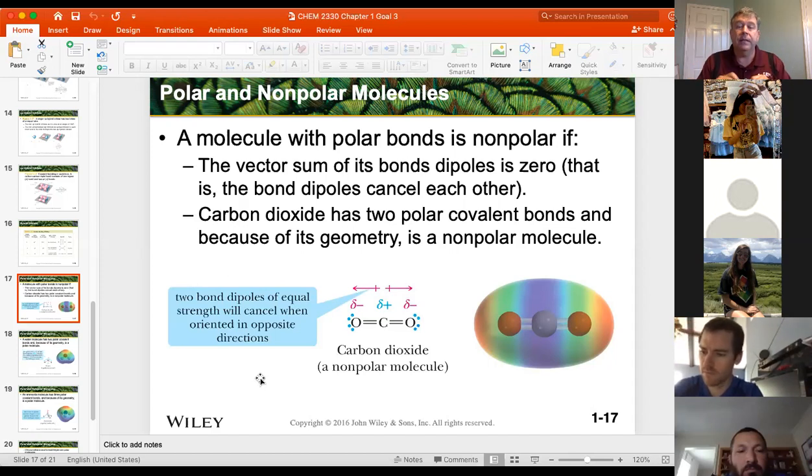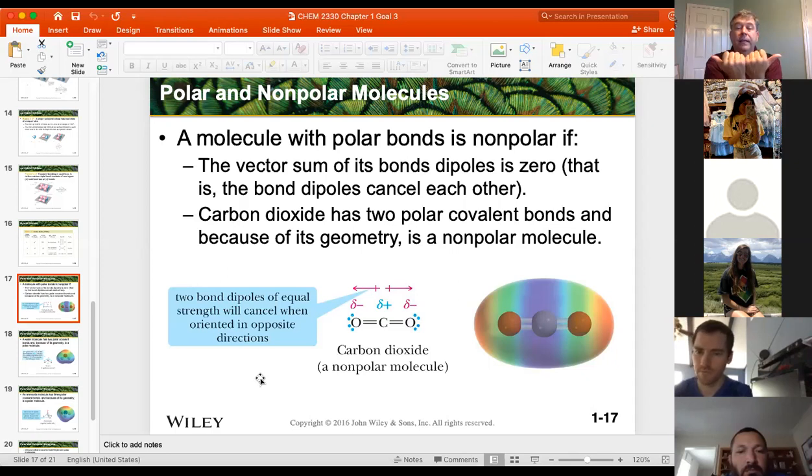So for example, in CO2, oxygen is more electronegative than carbon, therefore it is going to pull from the carbon to the oxygen, giving us this polarized bond, okay? But in the case of carbon dioxide, we have equal and opposite things pulling on it, meaning that it becomes a non-polar molecule. sp hybridized tells us it's a linear bond.